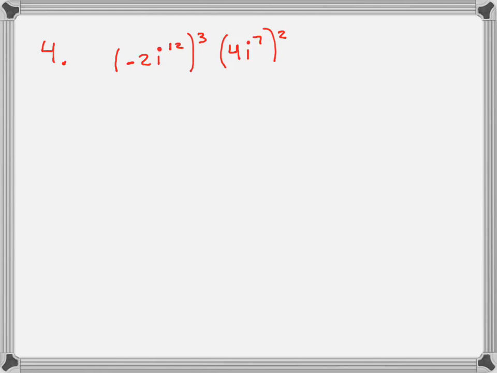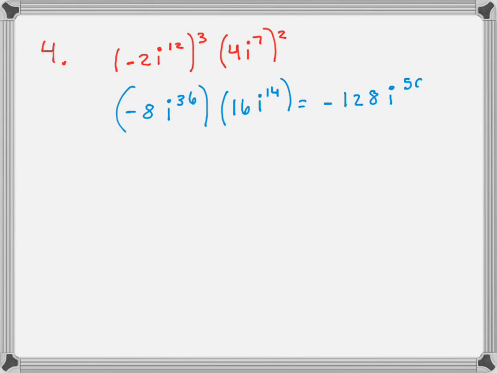So negative 2 to the 3rd is just negative 8, and then I to the 12th to the power of 3, remember that's multiplication, so that just becomes I to the 36th, times 4 squared is 16, I to the 7th squared is I to the 14th, so this is also going to equal negative 128, and then this is going to be I to the 50th, and so now we need to simplify it down to a smaller power of I so we can actually simplify this.